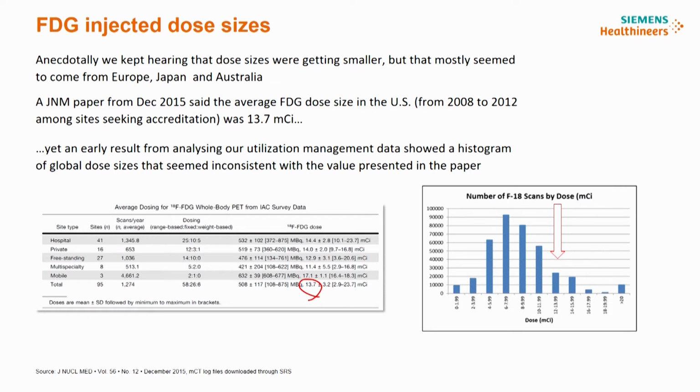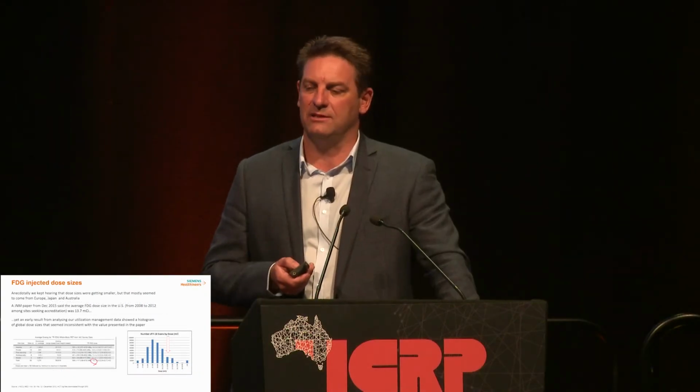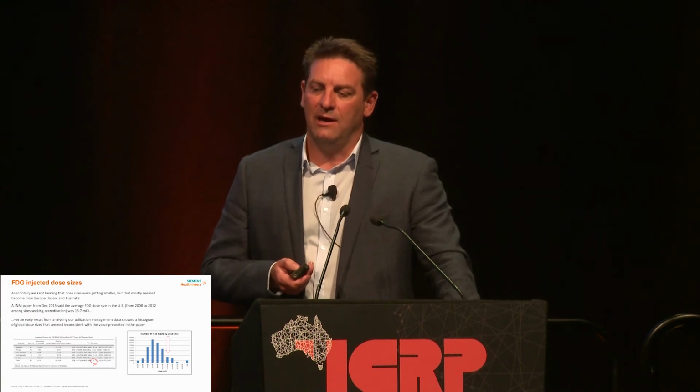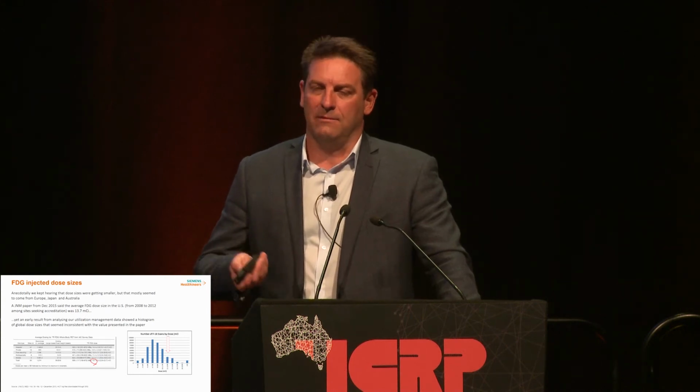Now that didn't gel 100% with what we were seeing, so part of the remote servicing feature is that sites can report the activity that they inject as part of their scans. And we were seeing an average around about 7 millicurie injected doses, which is at odds with what we were seeing in the literature.